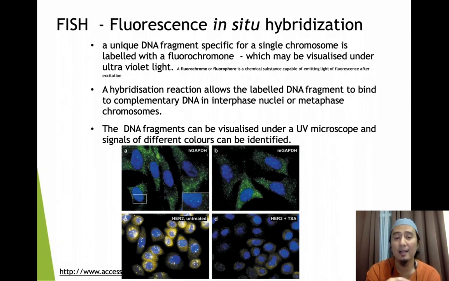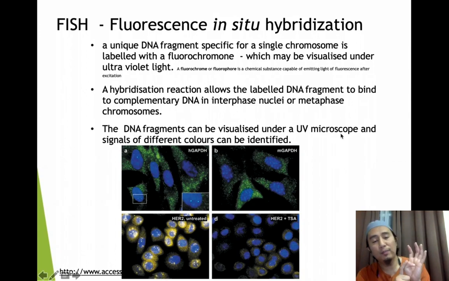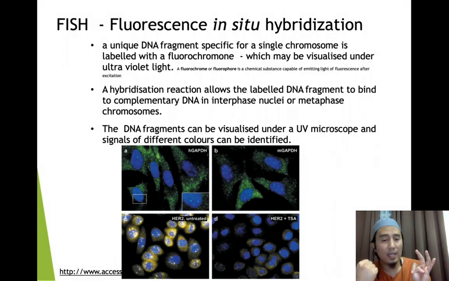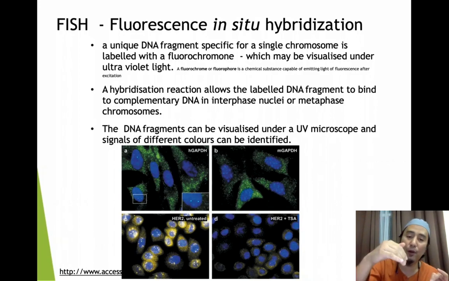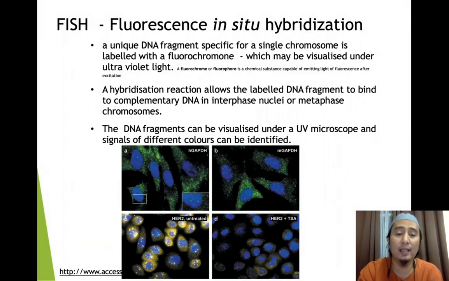Then after incubation, washing and so on, you can directly observe in the cell using a UV microscope. In Southern blot, you extract out the DNA. In DNA microarray, you have to extract out the mRNA. But for FISH, you don't need to extract anything. You directly put the probe on the cell, and it will bind to the specific target in the DNA.